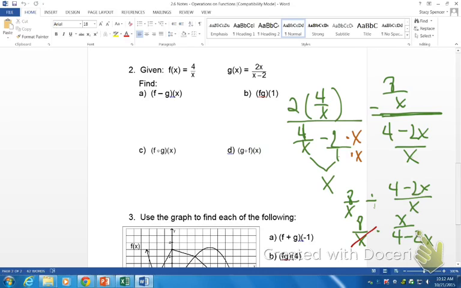So your x's can cancel. Down here you can factor out the 2. That would leave you with 2 minus x. And then the 2 and the 8 can simplify down, and 8 would become a 4. Is that right? So what's our final answer? What did we have left in the numerator? 4. And what do we have left in the denominator? 2 minus x. And there it is.